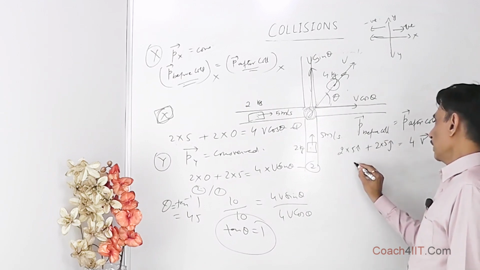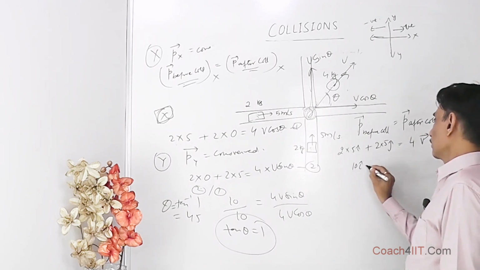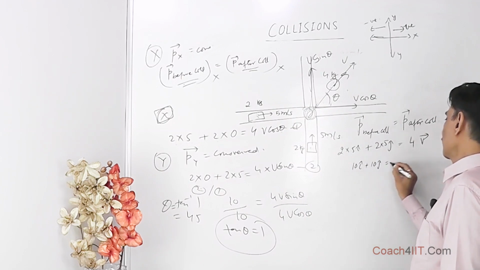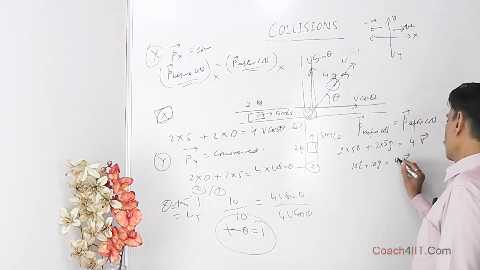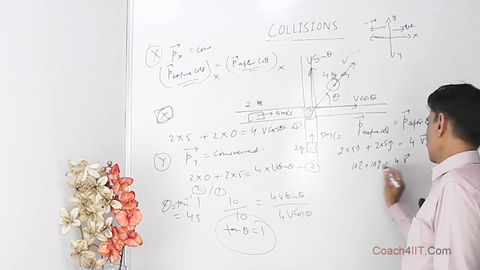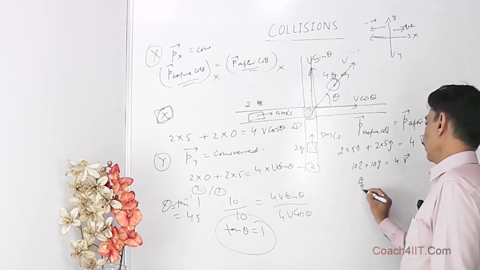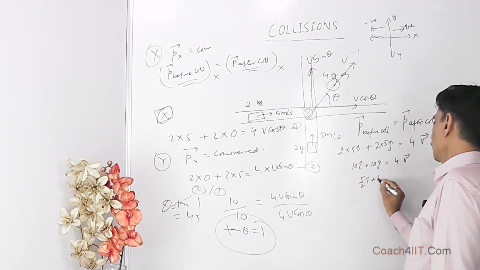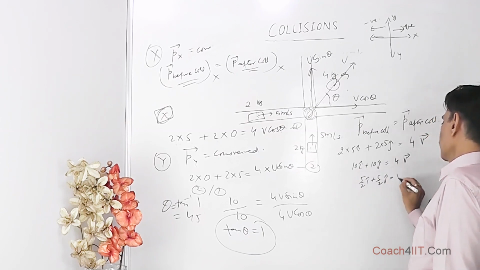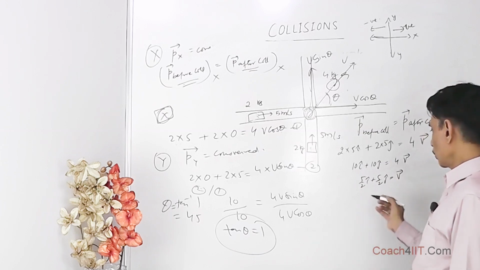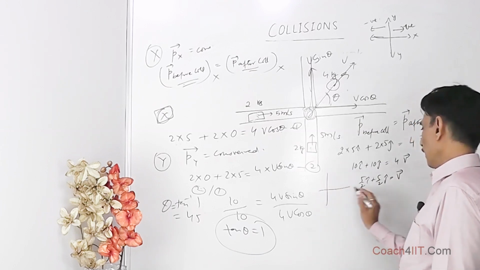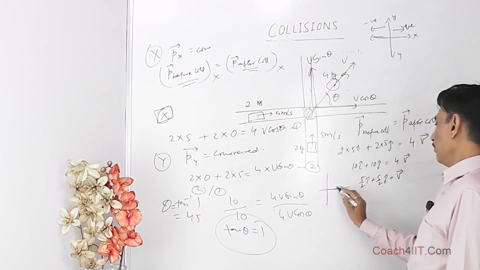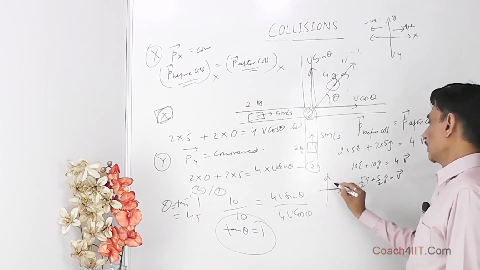This comes out to be 10i plus 10j equals 4v. So 10 by 4, that is 5 by 2 i plus 5 by 2 j, is equal to the velocity. It means one velocity component is this way and the other is this way.